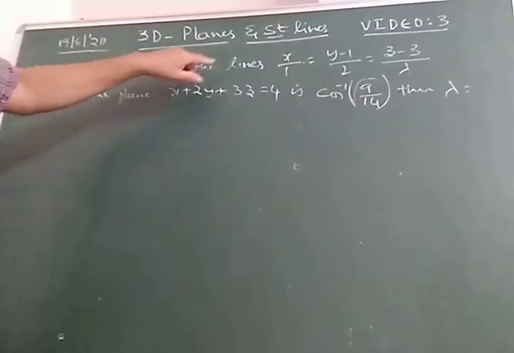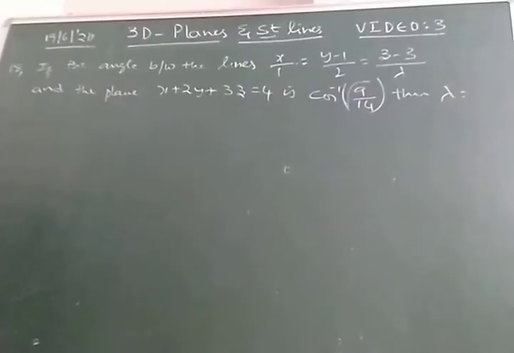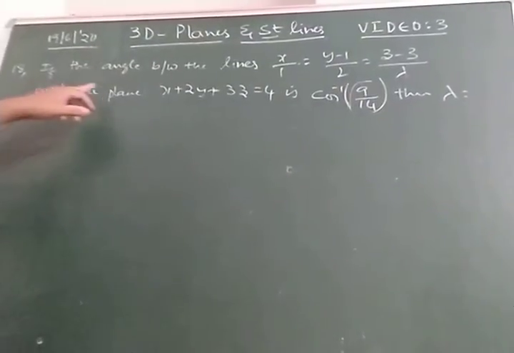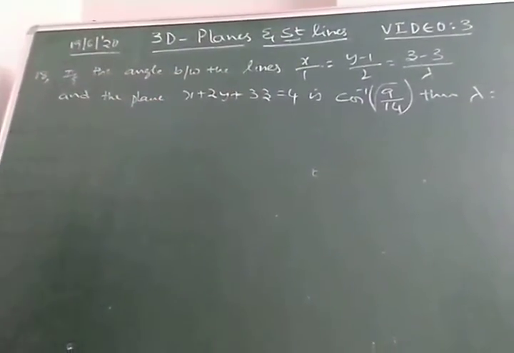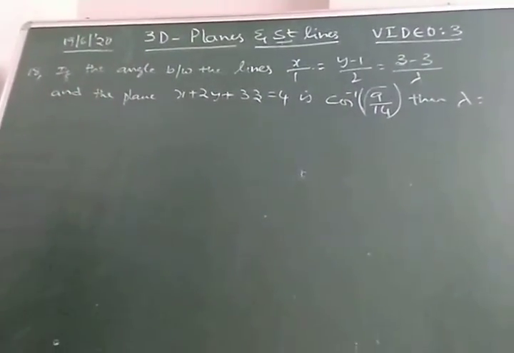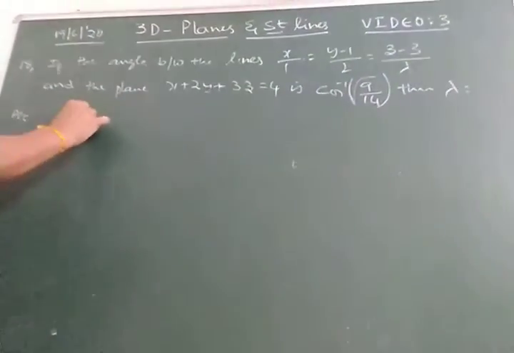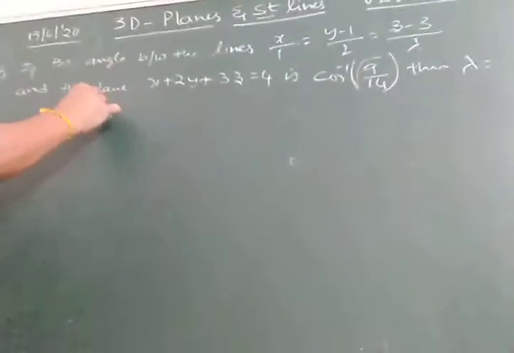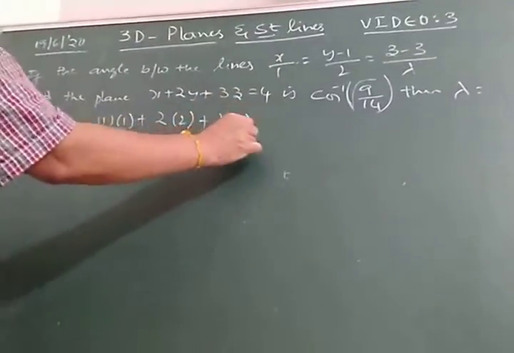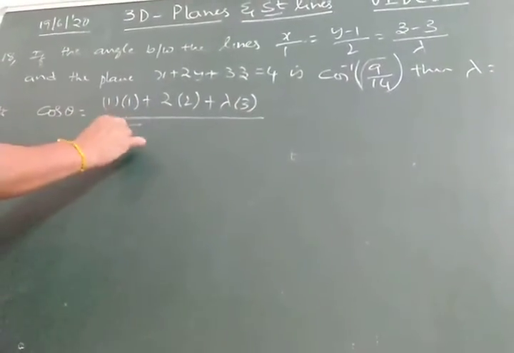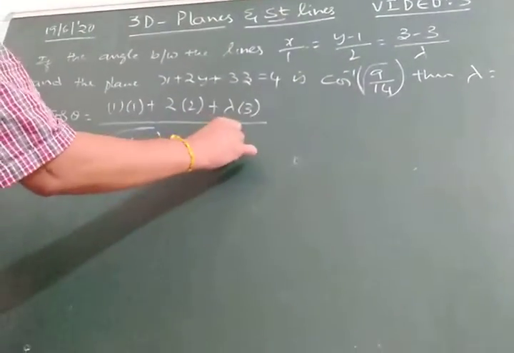If the angle between the line x by 1 is equal to y minus 1 by 2 is equal to z minus 3 by lambda, and the plane x plus 2y plus 3z is equal to 4 is cos inverse root of 9 by 14, then lambda is, here we know the formula cos theta is equal to (1 into 1 plus 2 into 2 plus lambda into 3) by root of (1 plus 4 plus lambda square) into root of (1 plus 4 plus 9).